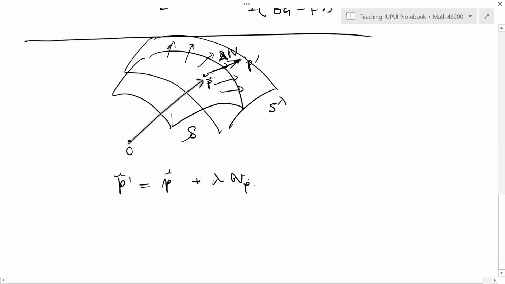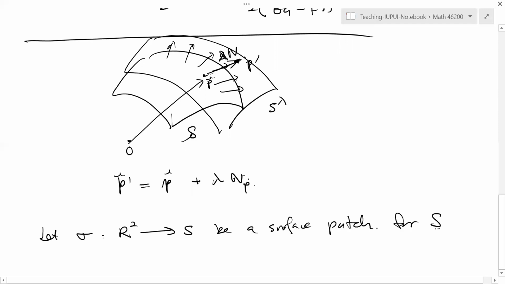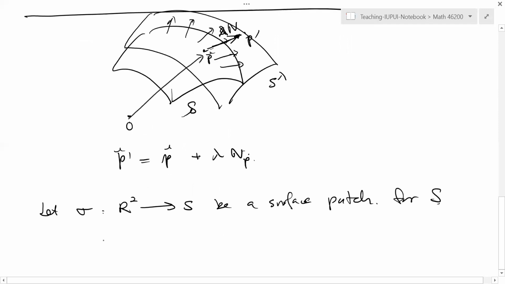So I'm going to check whether this new set is indeed a surface. How can I do that? I let sigma be a surface patch for S. Using this surface patch, I can construct a surface patch for the new surface, sigma lambda.